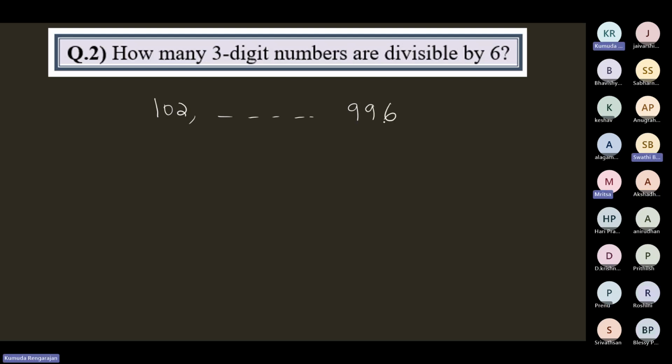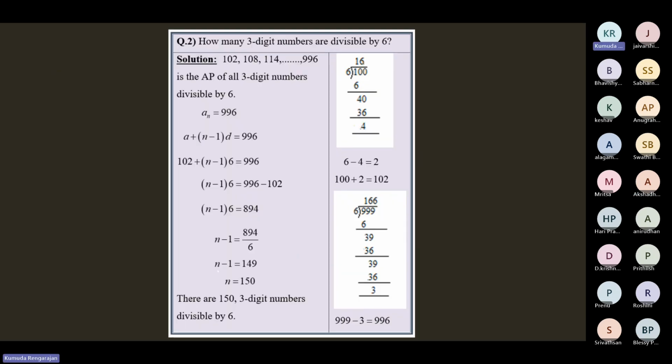Okay, so now what's the value of N? 150, ma'am. 150. Very good.